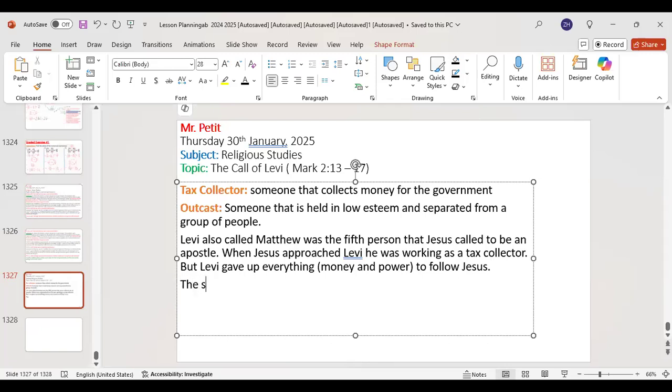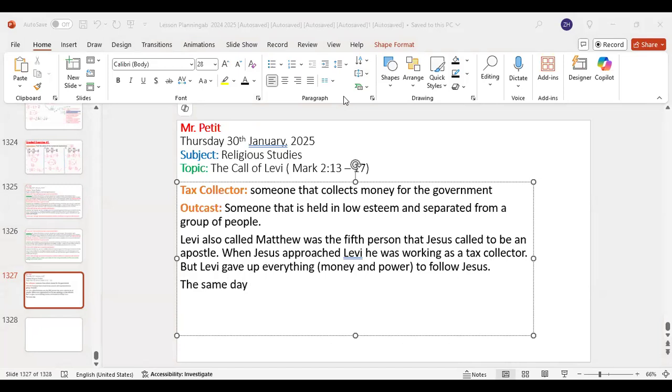The same day. Mr. Petit, this is the story about when he was sitting down counting the money, and he saw Jesus and he got up and ran. No, he didn't run. Jesus asked him to be his disciple, and he agreed.